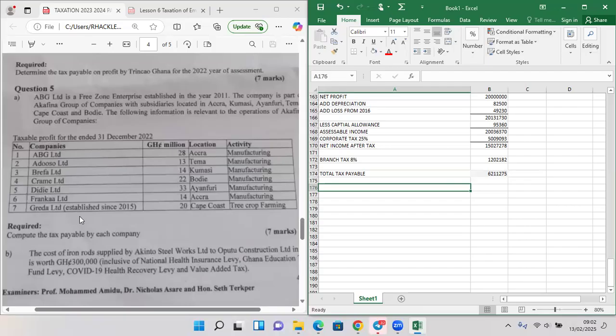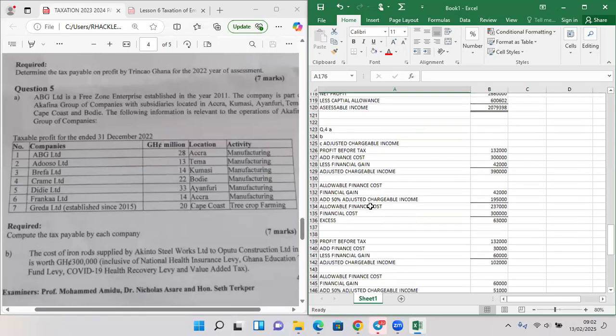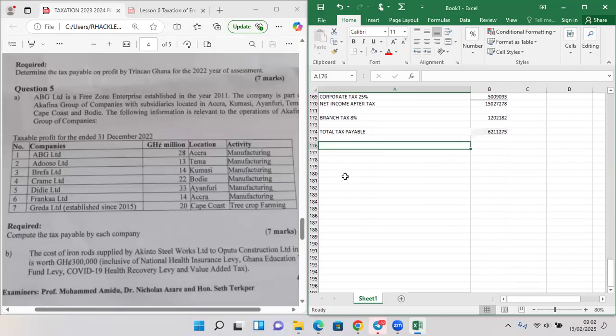Now, compute tax payable for each company. So question 5, that is, question 4. Yes. 5A. Let me just create a table. Okay, so the table is already here.